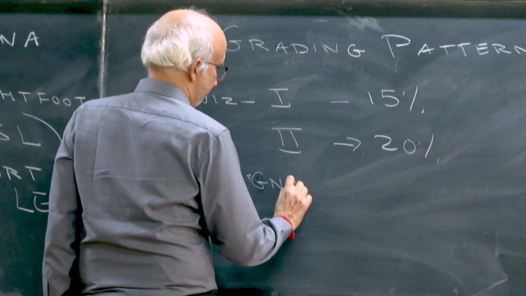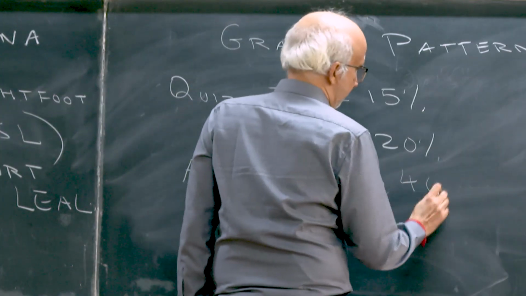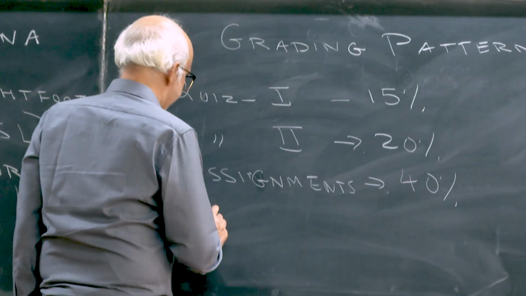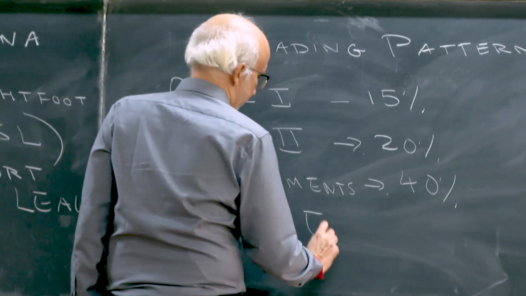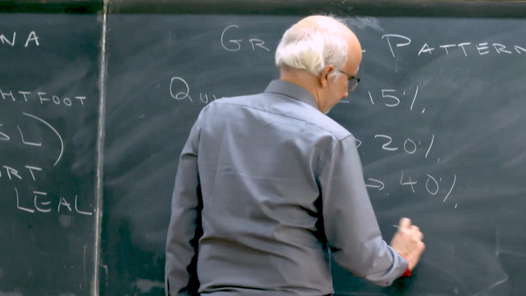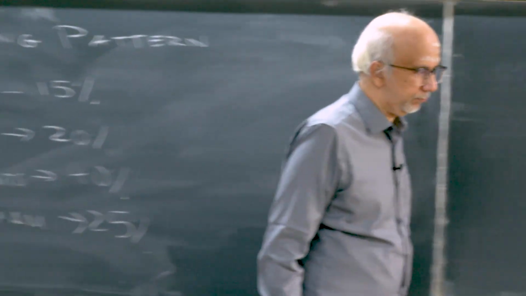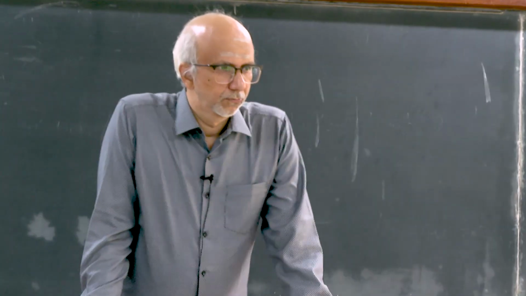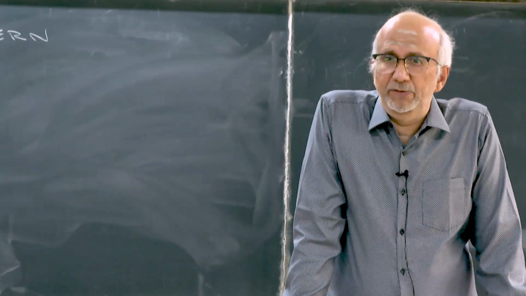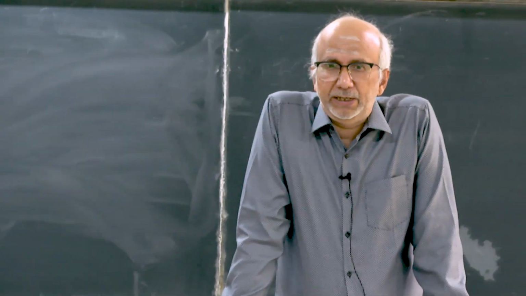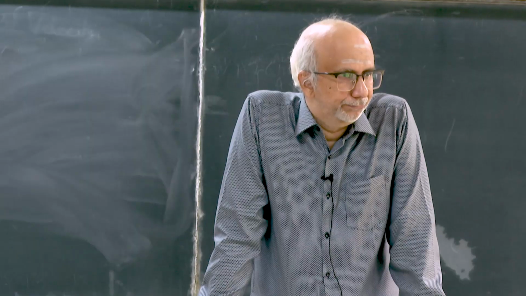Assignments will be 40%. And the final exam will be 25%. At this point of time, I have not decided whether to have any credit for attendance, but I might change my mind and I might do that. Okay.